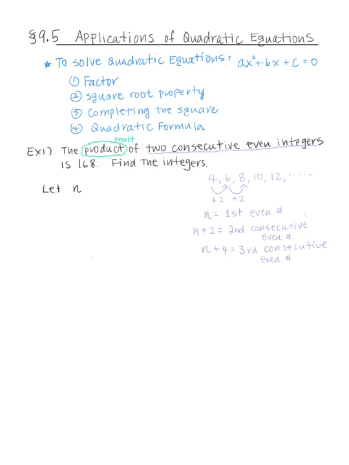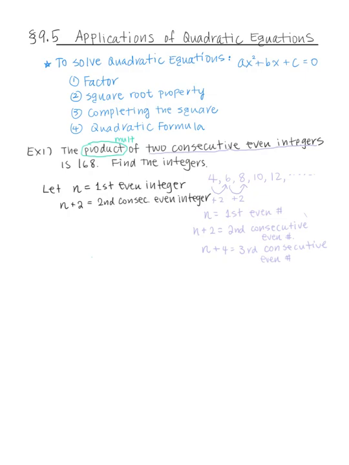Let n be our first even integer. Now, we just want two consecutive even integers. So if I express the second one as n plus 2, I think that makes sense. Therefore, n plus 2 would be the second consecutive even integer.